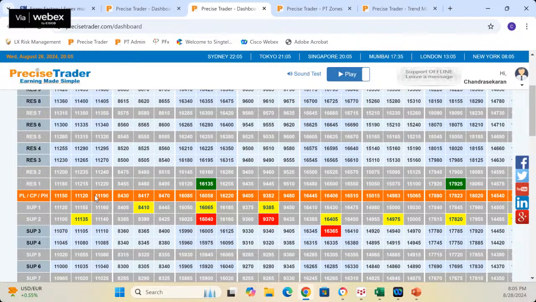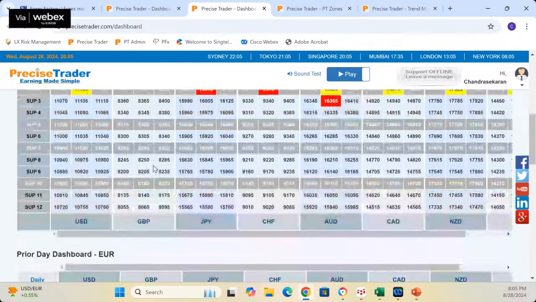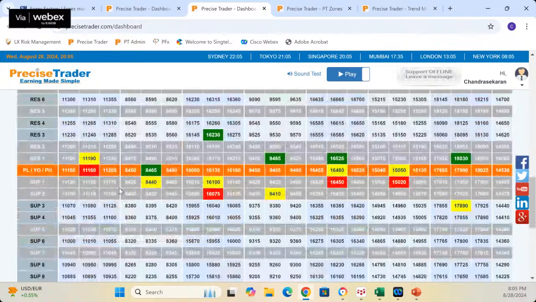Now the tricky part is we need to get the benchmark level. The benchmark level would be: I would be holding a sell as long as the price is below 1.1160 and 1.1175, because the market is already in the selling zone.